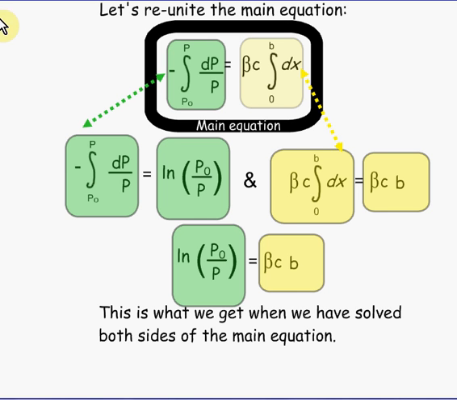Putting these two sides back together, the natural log of p naught over p is equal to the constant of proportionality times the initial concentration times the path length. This is where we are if we've solved both sides.